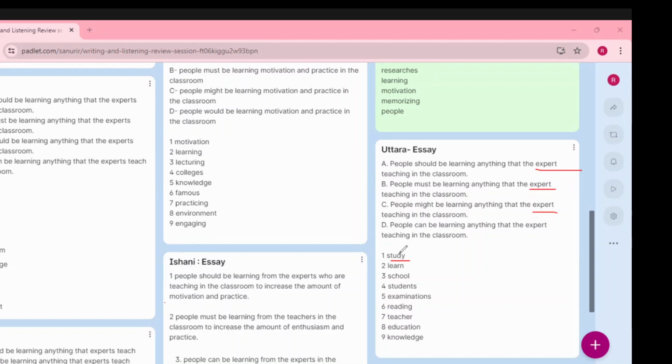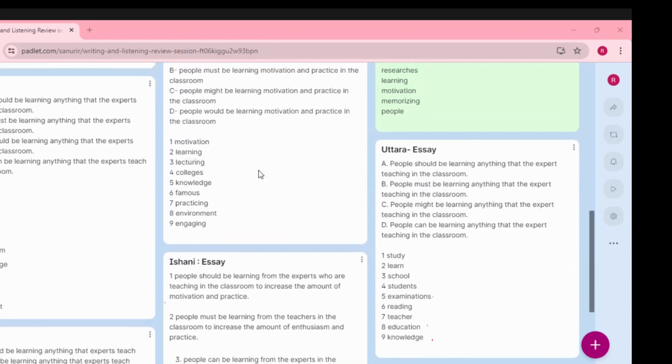What is the mistake? Yes, plural. ing form. Yes, a verb. If this is a verb, yes, ing form. And then now should be plural, right? Yes. Learning. ing form. School, it has to be in plural. This is correct. This is correct. Reading correct. Teachers, it should be education plural. Correct. Knowledge correct. Okay, work on those mistakes, Uttara. Yes, Miss, yes. All right.